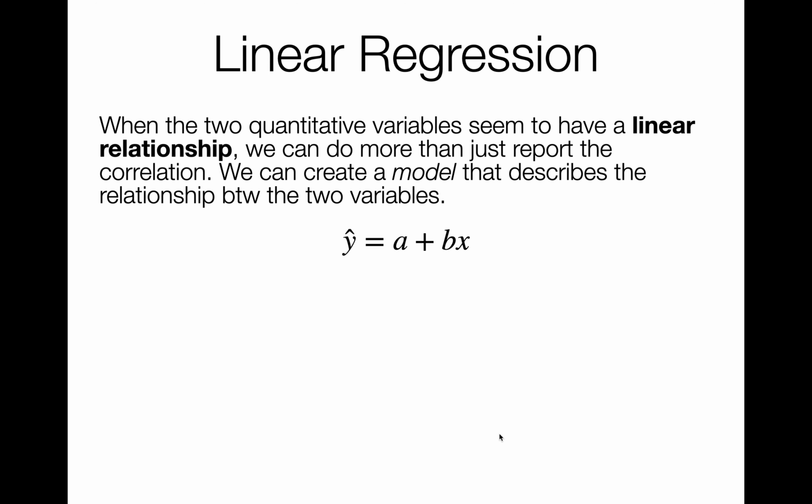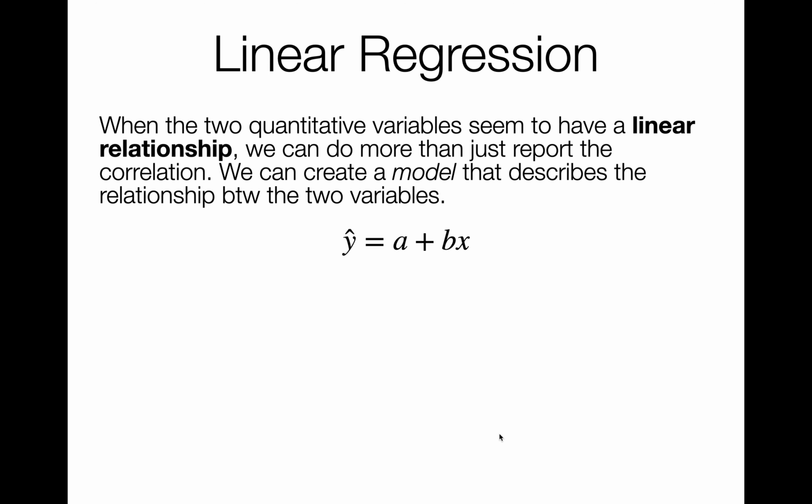So for instance, if I looked at heights and weights, although I know that that's not a linear relationship, I'm going to assume it for this example. If I believe that height and weight were linearly associated, as your height goes up, your weight goes up as well, great.